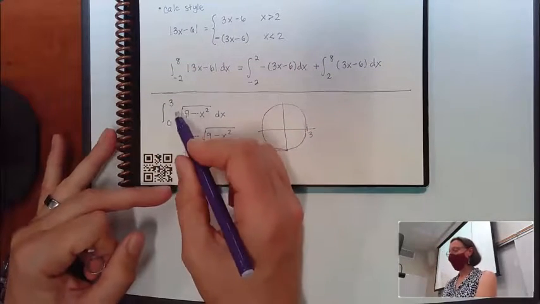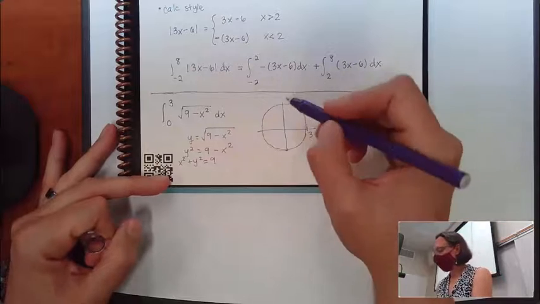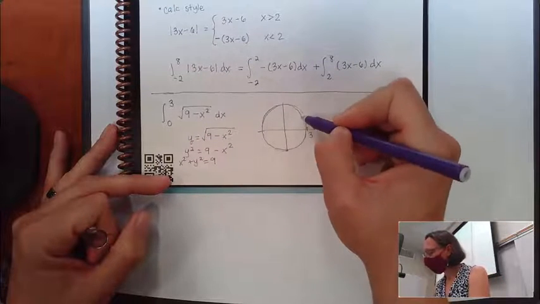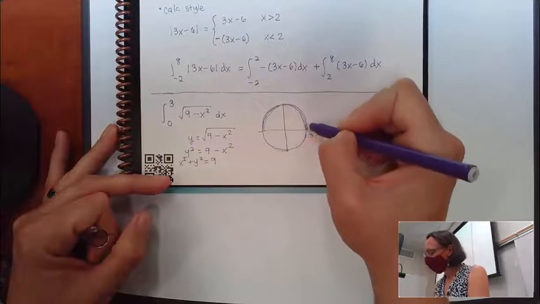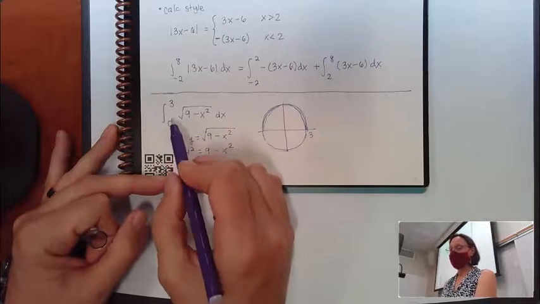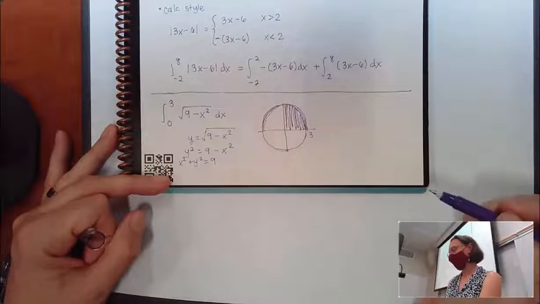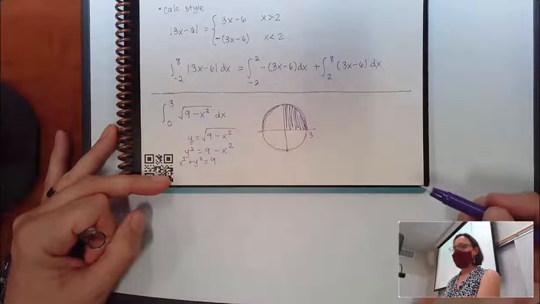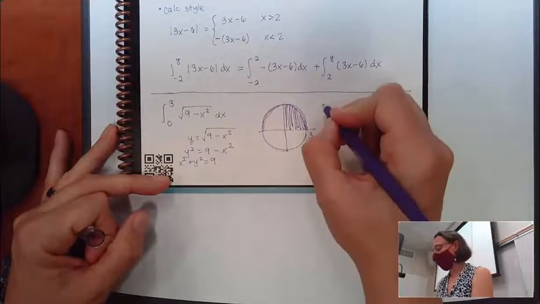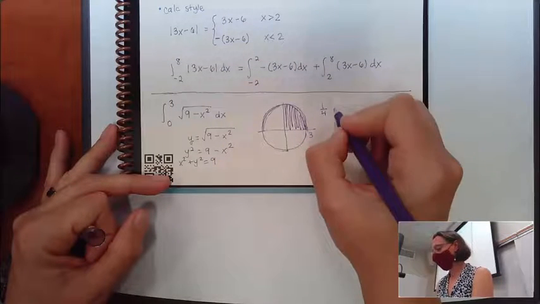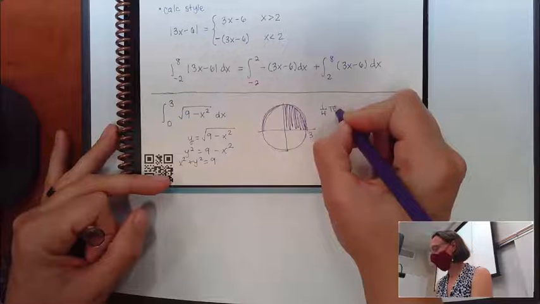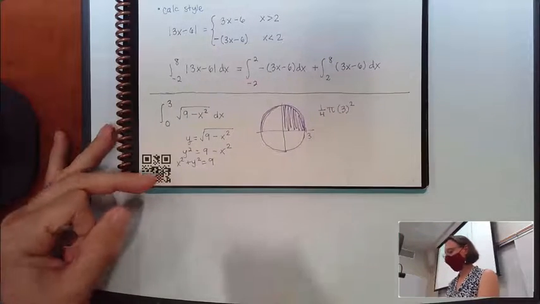But because it's only the positive square root, it's only the top half of the circle. And then if we wanted the area from 0 to 3, it's 1/4 of the circle. So the answer to the integral is 1/4 of pi times 3 squared.